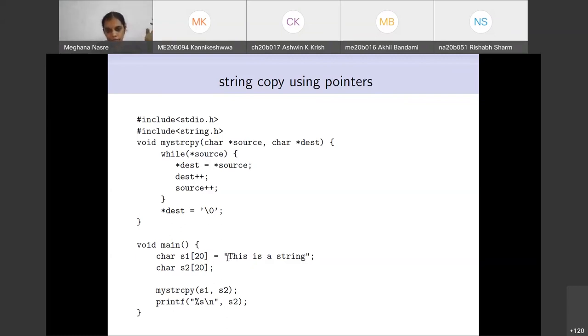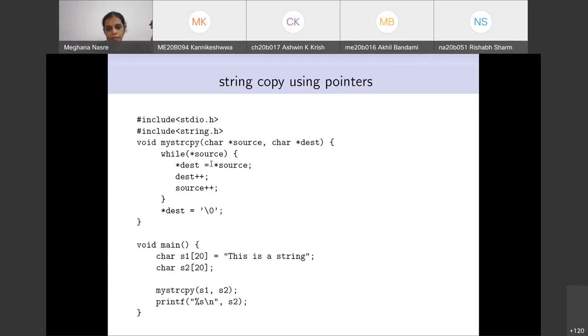Let's count this: 1, 2, 3, 4, 5, 6, 7, 8, 9, 10, and then this is 5. So 15, sorry, 16. It is a string of length 16 terminated by a \0, including the spaces.